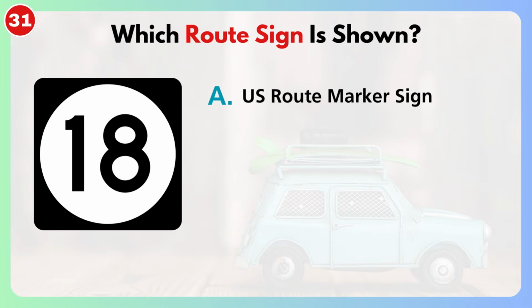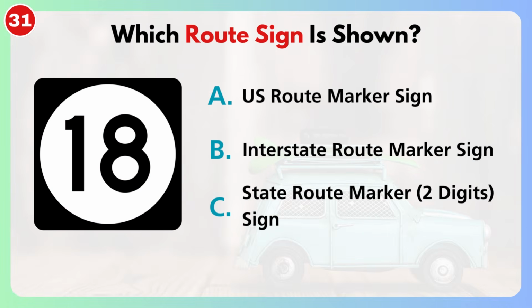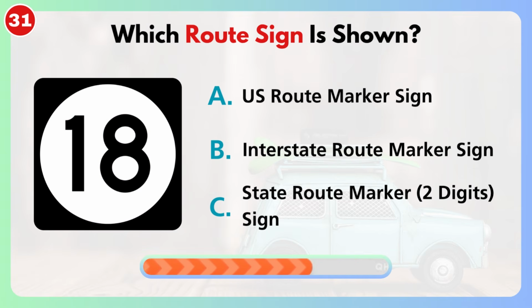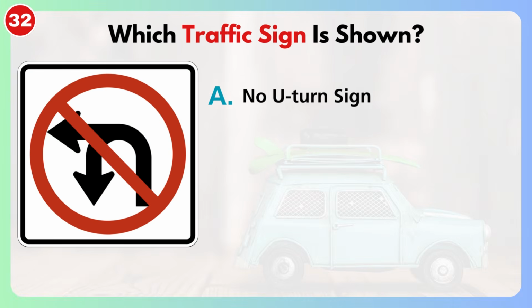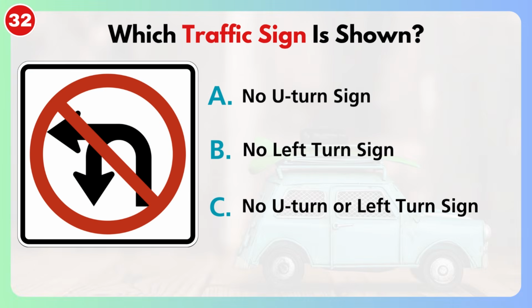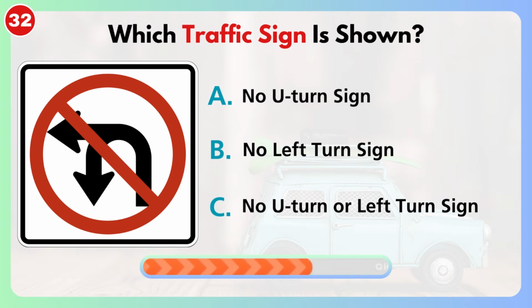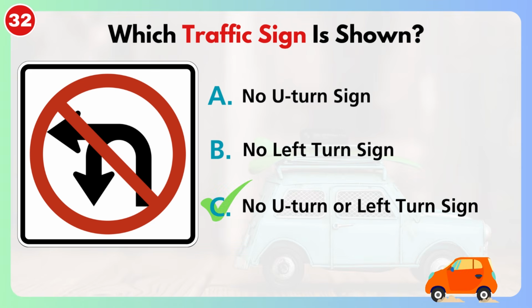Which route sign is shown? Date route marker, 2 digits, sign. Which traffic sign is shown? No U-turn or left turn sign.